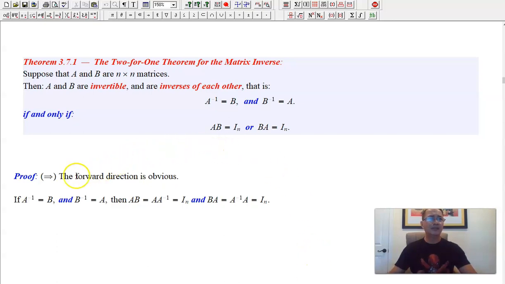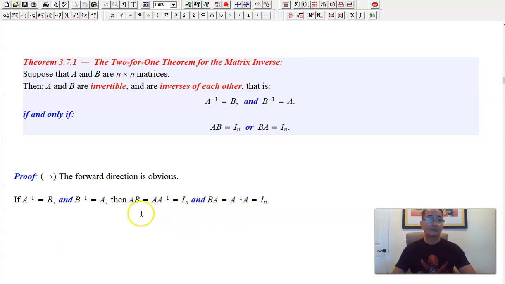And you might be thinking, isn't that the definition of an invertible matrix? And you are almost right. The forward direction of this if and only if statement is obvious. If A and B are invertible and they are inverses of each other, then that definition says that A times B and B times A are both the identity.